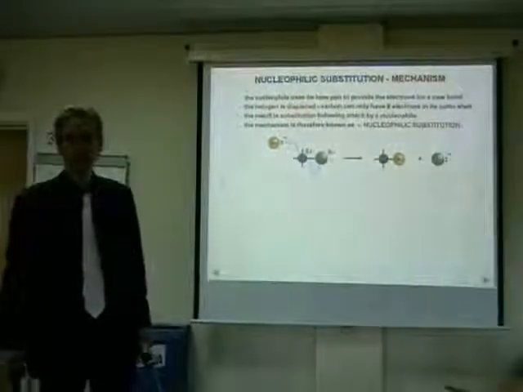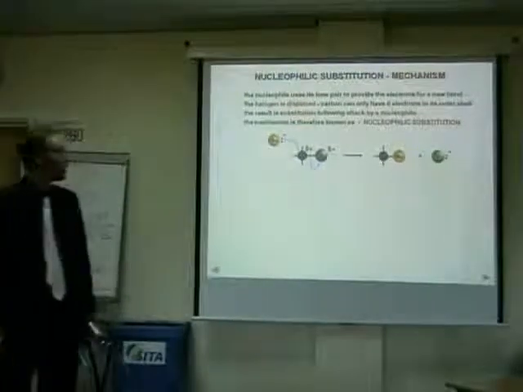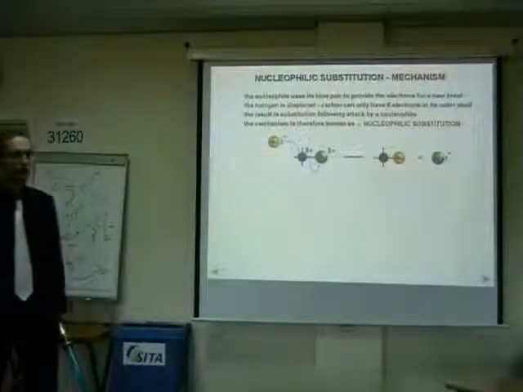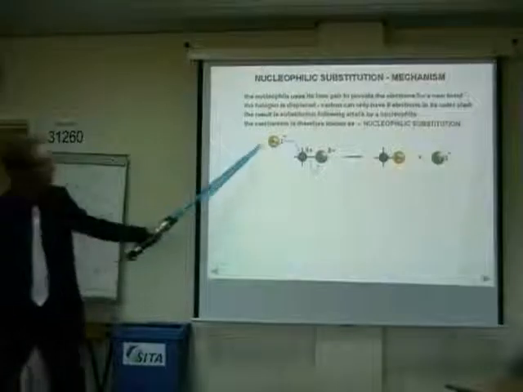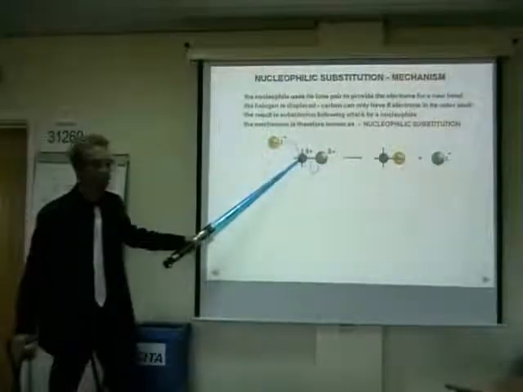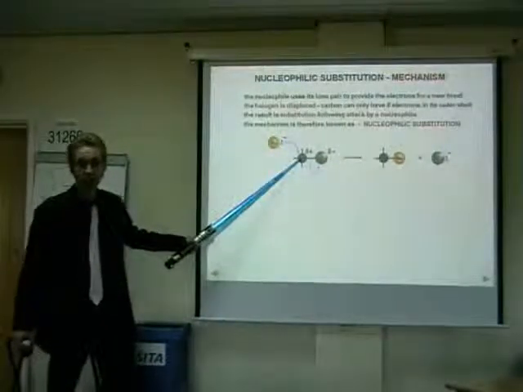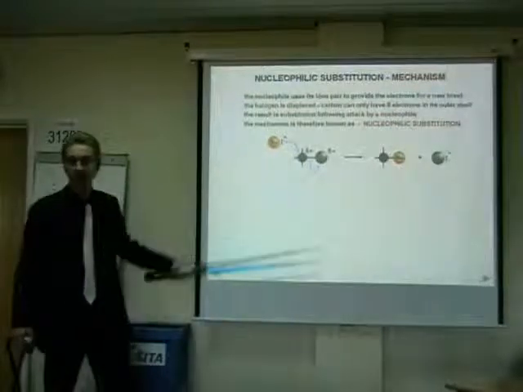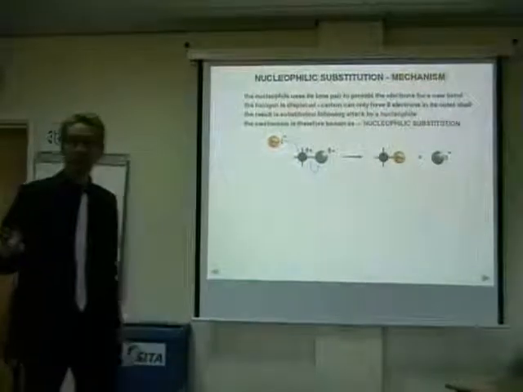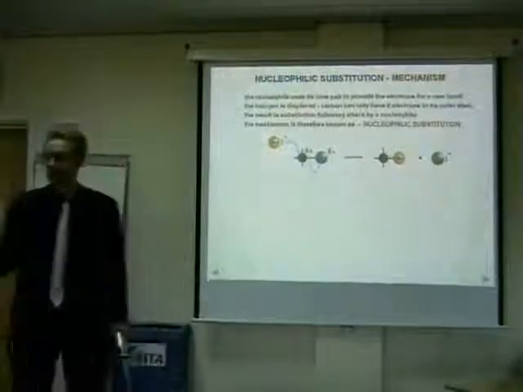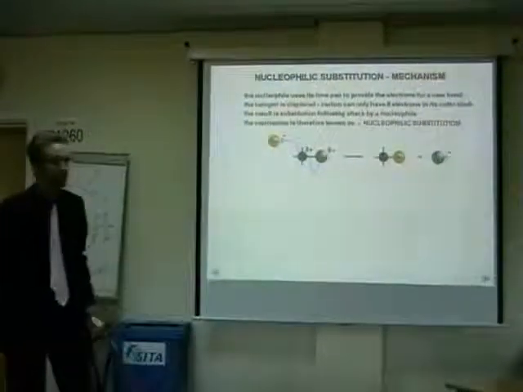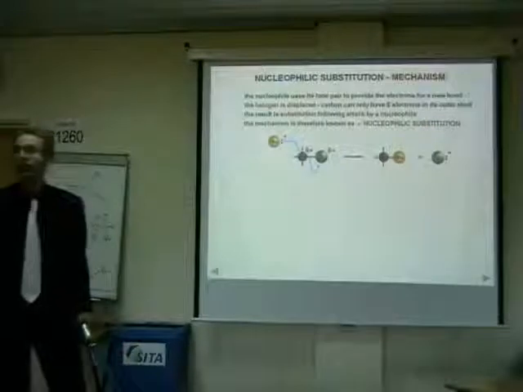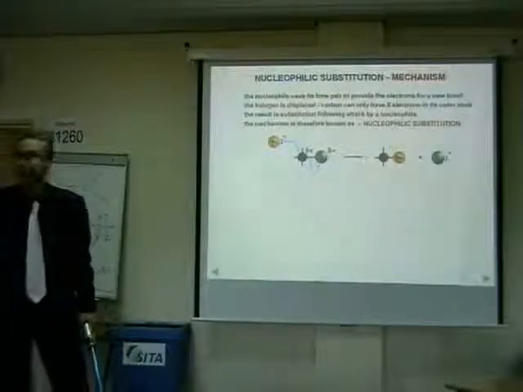Curly arrow mechanism. Very simply, a nucleophile attacks the slightly positive carbon. I said there were two rules. Identify the positive and negative, and negative goes to the positive. With water or ammonia the lone pair is still slightly negative.